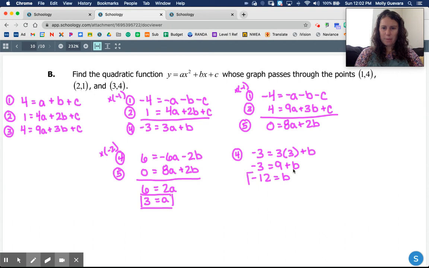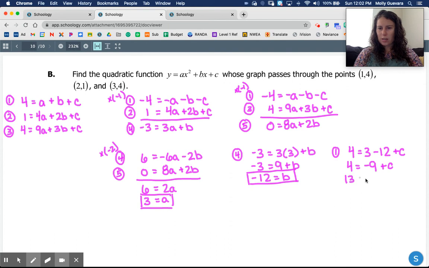So now I have b. And then the last thing I need is c. And I really like equation 1 to find c, just because it's super easy, right? So 4 equals a, which is 3, plus b, which is -12, plus c. So 4 is equal to 3 minus 12 is -9, plus c, add 9, and I get 13 equals c.